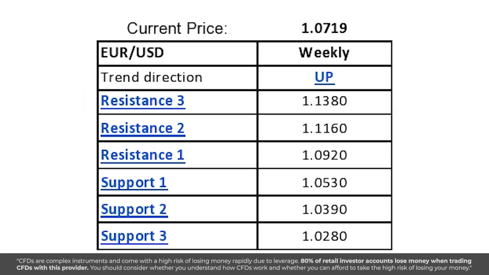Accordingly, our stop losses should be at support 1. That's 1.0530. Support 2, which is at 1.0390. And support 3, which is at 1.0280.